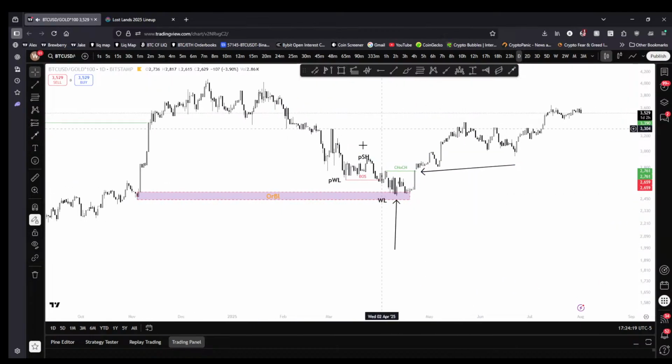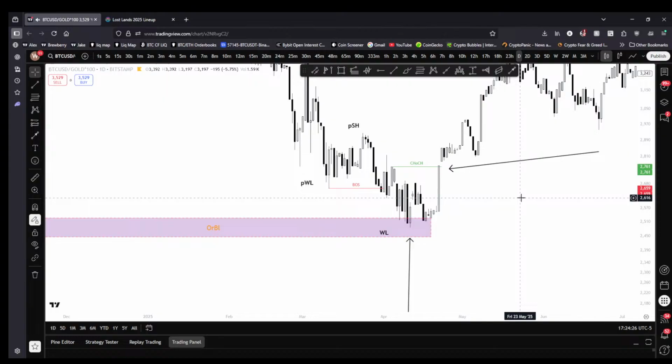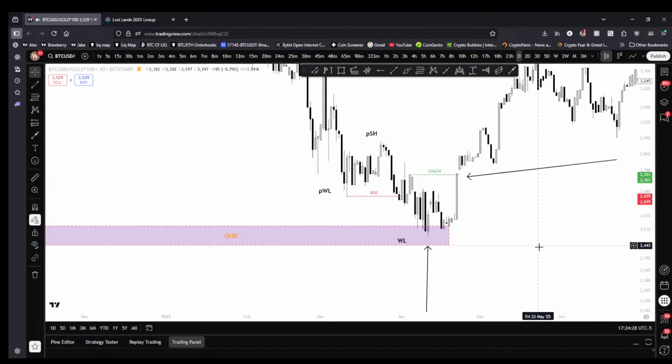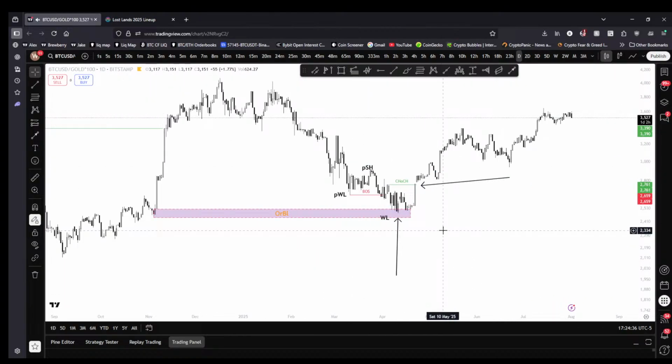Now, just by looking at the chart, what do we see? What do we see happened right after we did that? The price went up only, right? I mean, you can see that by looking at it.